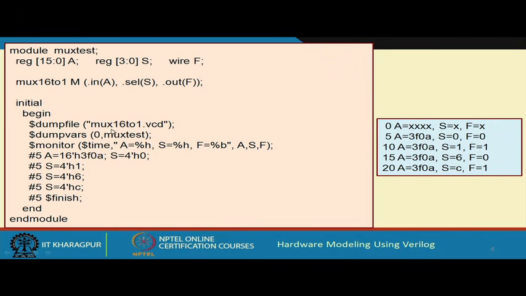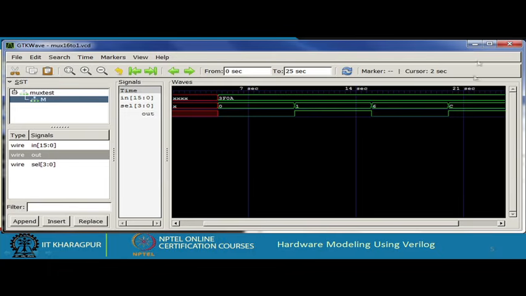So, there is a tool I mentioned, GTKWave. You can use the GTKWave tool to view this file, and since I have dumped it with a name, you can just give GTKWave this particular file name, and it will show you the simulation result in the form of a waveform like this.